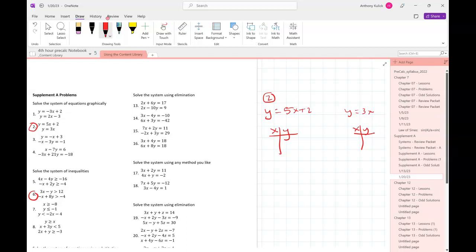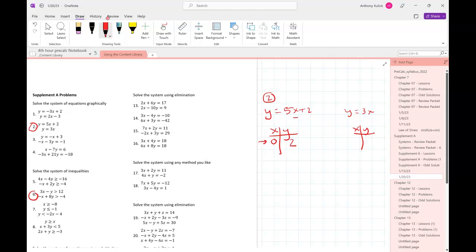Does it matter which values for X or Y I pick? No. So I'll pick stuff that's convenient. I'll pick X to be 0. If I plug 0 in for X, what do I get for Y? 2, right? 5 times 0 is 0, plus 2 is 2.